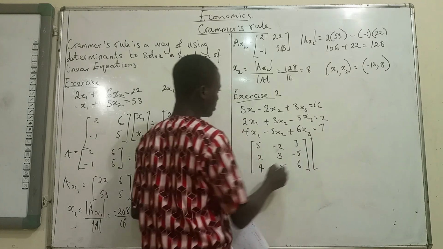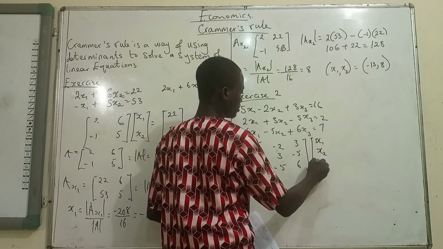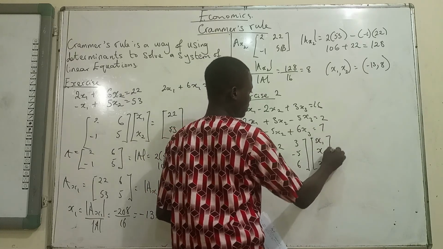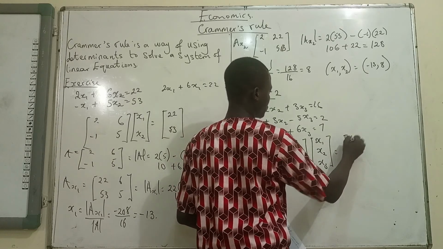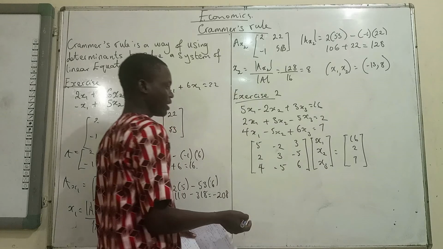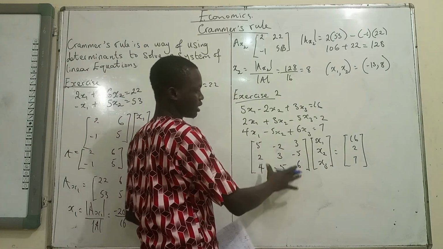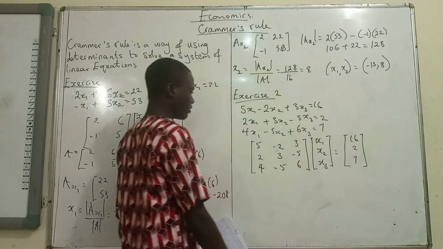Then we write the solution vector x1, x2, x3, and the vector of constant terms 16, 2, and 7. So we apply the whole thing again. We call this our matrix A.